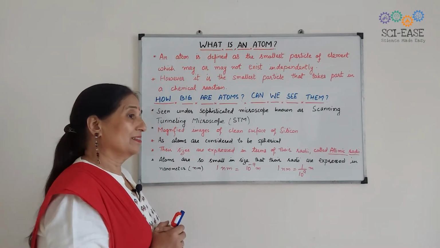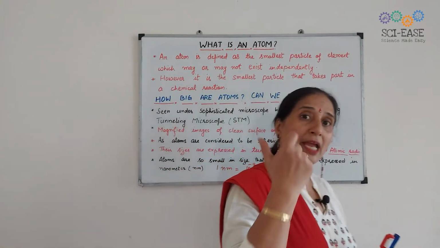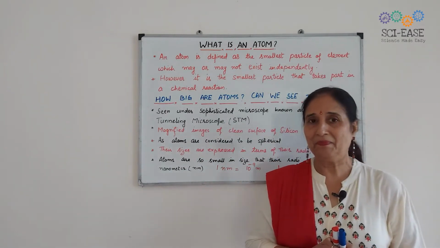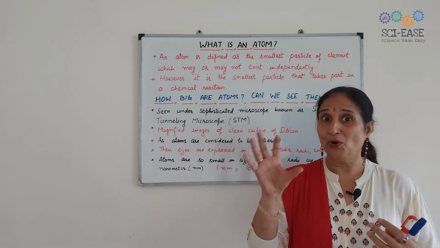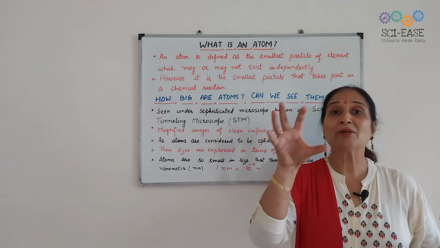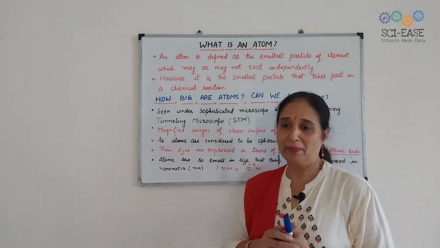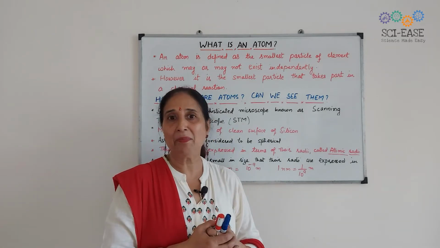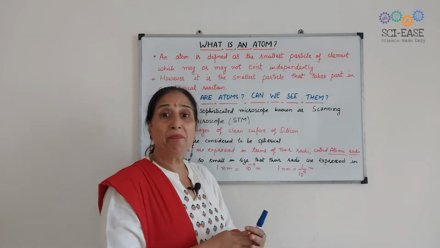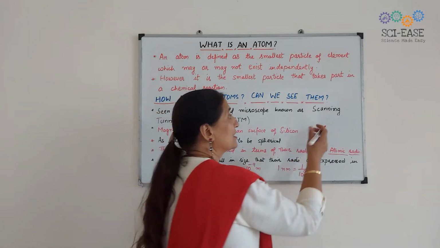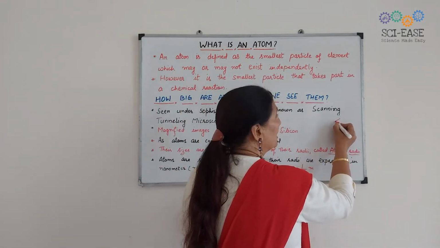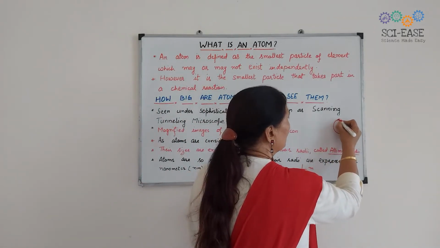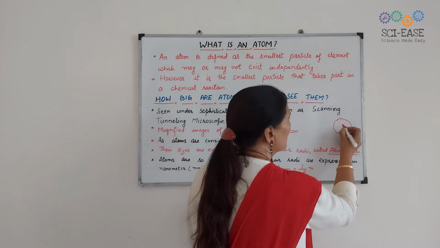Now the next thing is, what is the shape of an atom? I have told you, already I have told you that atom is spherical in shape. So how its size can be measured? We measure the size of the circle. How we measure the size of the circle?